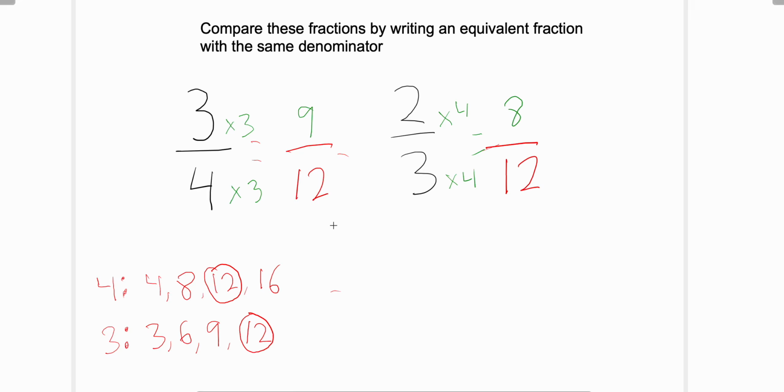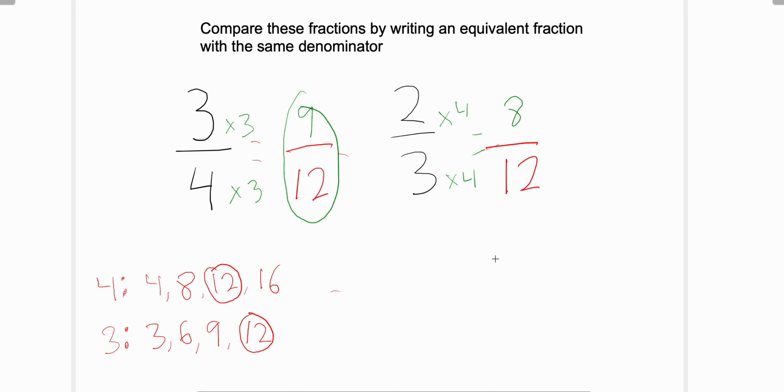So now 3/4 actually turned out to be the same as 9/12. 2/3 turns out to be 8/12. So now it's easy to compare the fractions, because now with the same denominator we can just compare the numerators. 9 is bigger than 8, so 9/12 is the greater fraction.